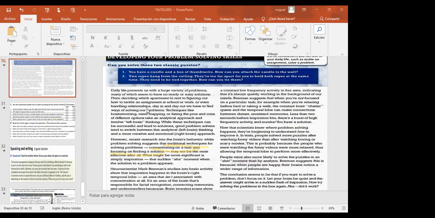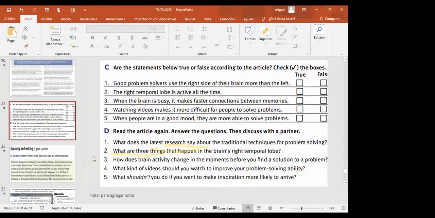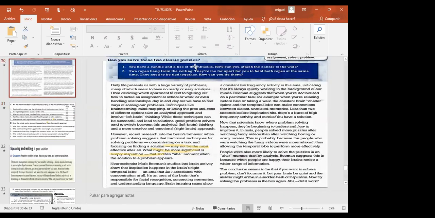And number two, Felix and Fernando, please. Yeah, you can say it, Felix, if you want to. Number two, what are three things that happen in the brain's right temporal lobe? It's in paragraph 3. Responsible for facial recognition.